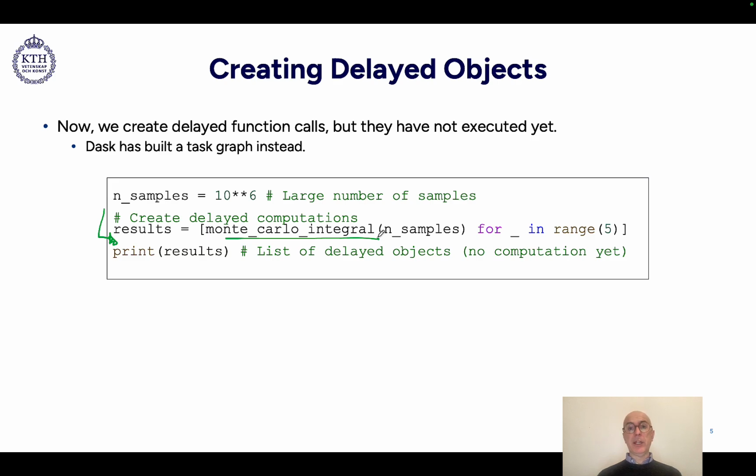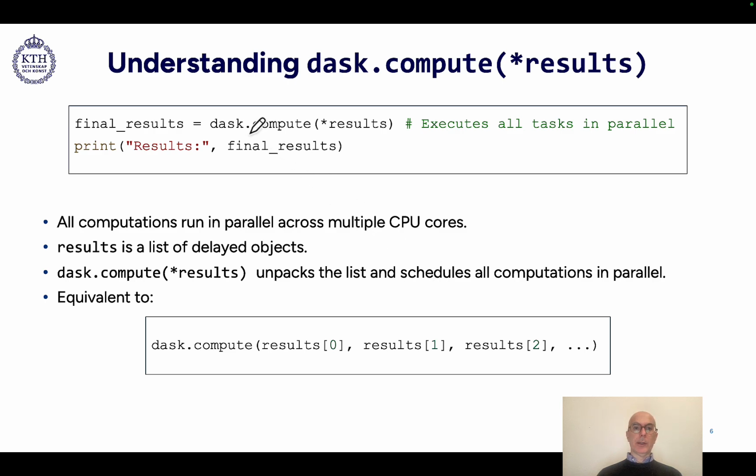So in order to execute, we need to call the compute method. When we call compute, all the computation will run in parallel across multiple CPU cores. So the task graph is created, and then we tell it to execute. Note here the star of the results.